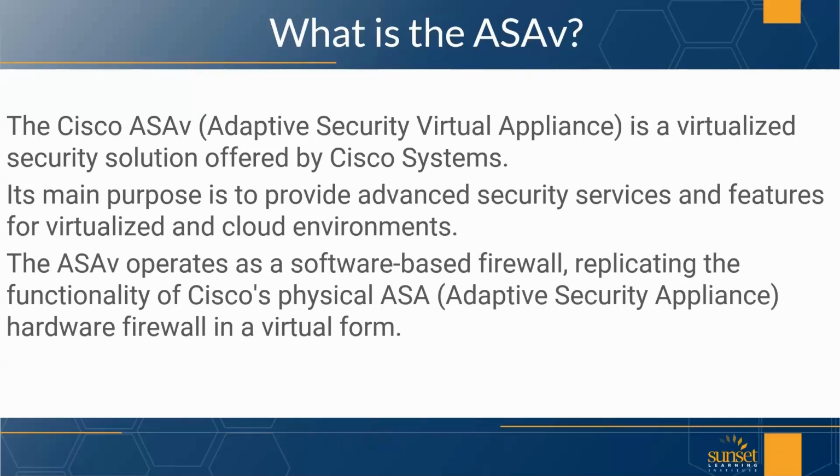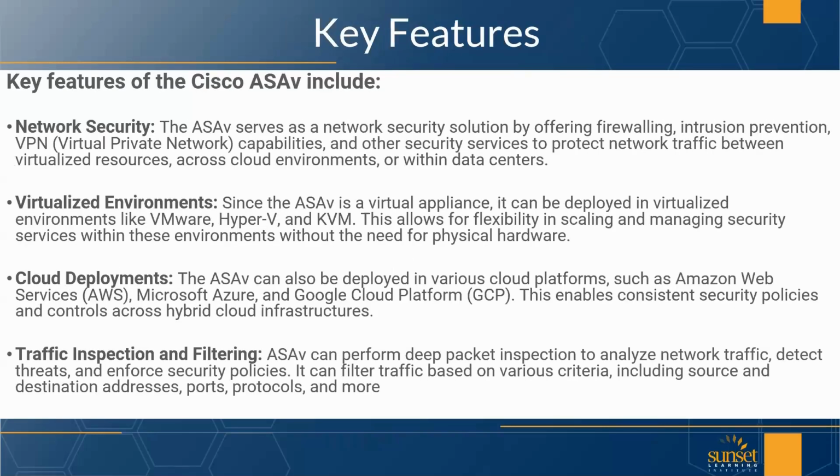What I want to do next, just real quick, is jump into each one of those functions. The first thing here is network security. We've all heard of firewalling, intrusion prevention, and VPNs. The major concept for an adaptive security appliance is really this intrusion prevention and intrusion detection.